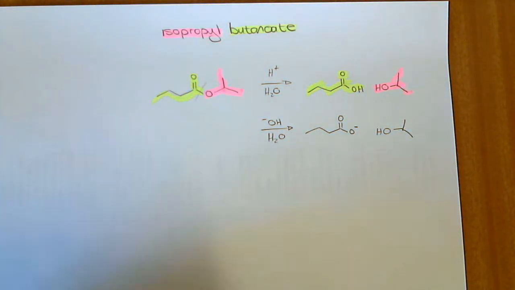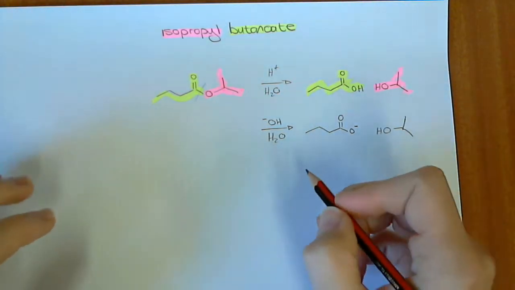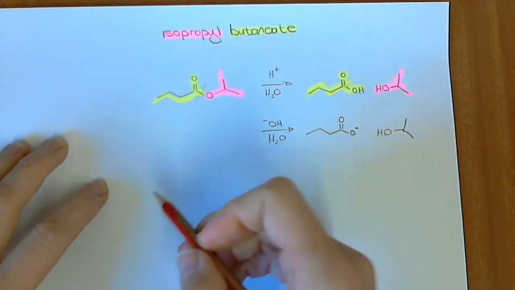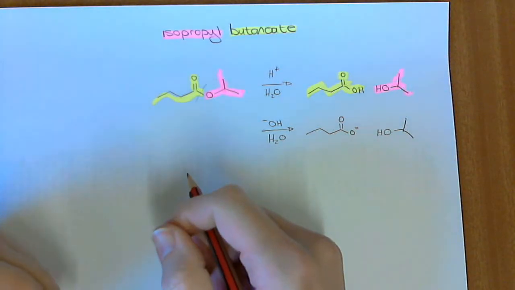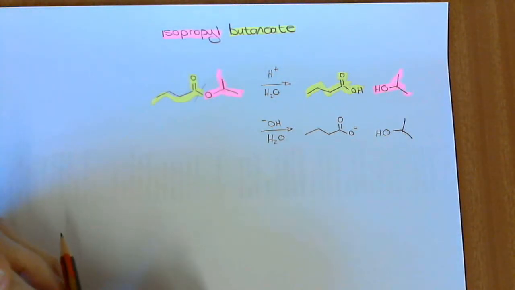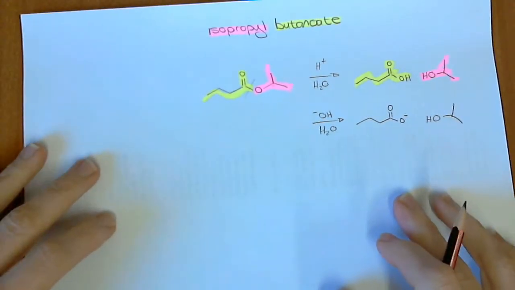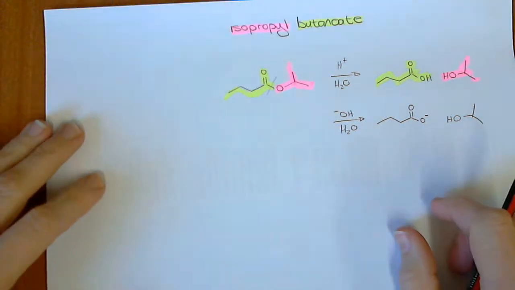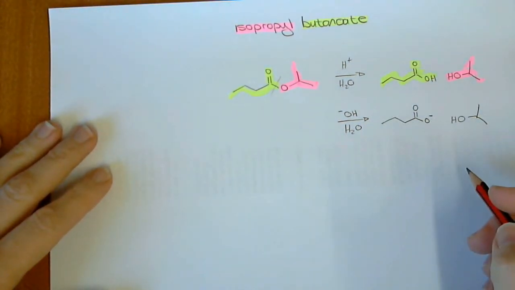So under base conditions, it is slightly different, and it actually becomes more clear if we do the mechanism. Now, you don't need to know the mechanism of this, but I'm only doing it just to show you where this actually comes from.